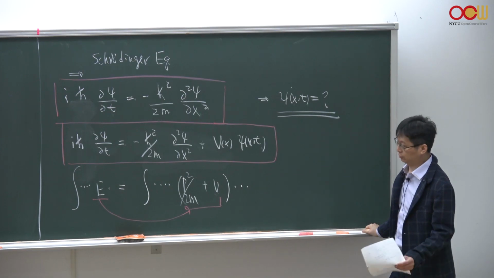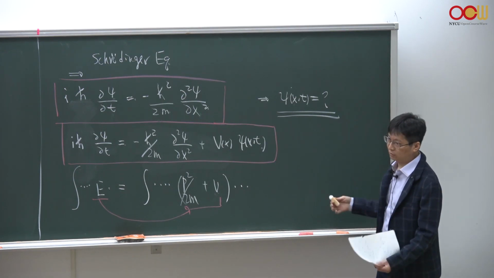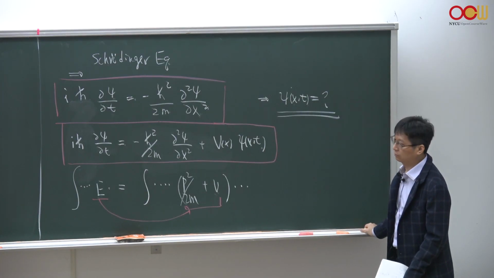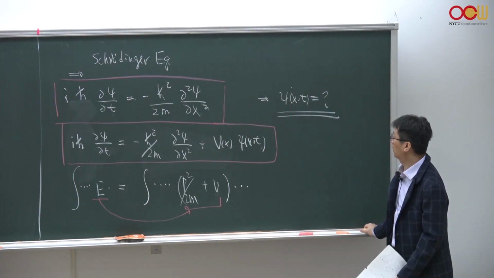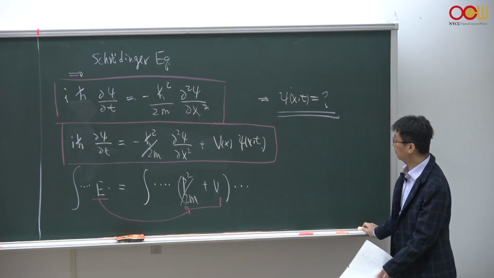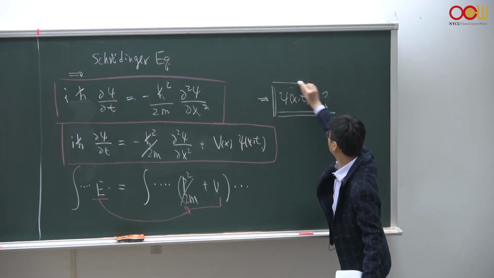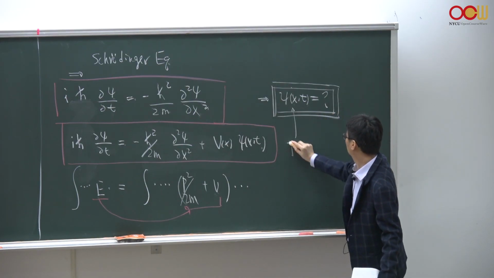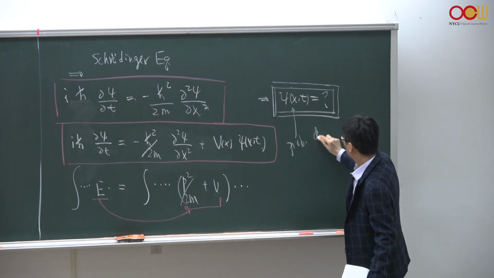And once we know the distribution, we can calculate all the expectation values of quantum mechanical observables based on this probability distribution. So in other words, one aspect of quantum mechanics is to solve for this probability distribution of a quantum particle.